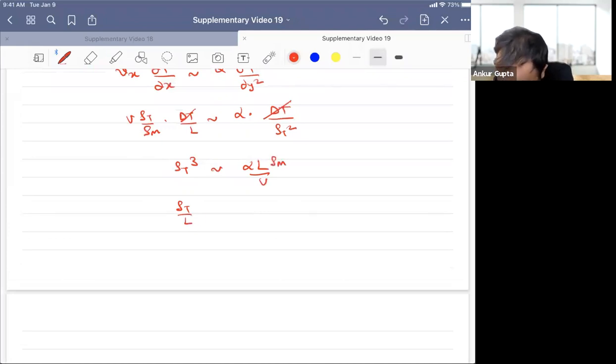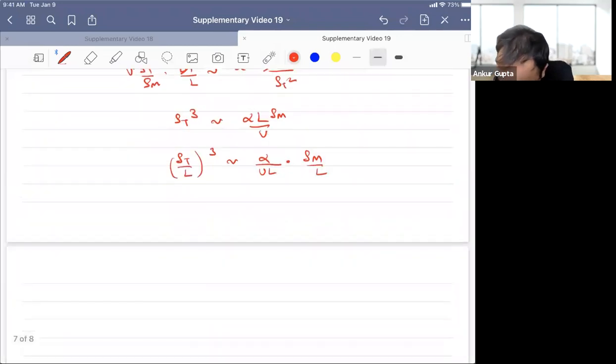You will get delta t by L cube is alpha by uL minus delta m by L. And finally, we get delta t by L is Peclet to the power minus 1 by 3 and delta m by L to the power of 1 by 3.